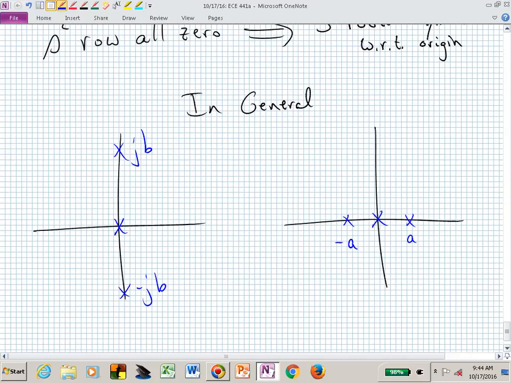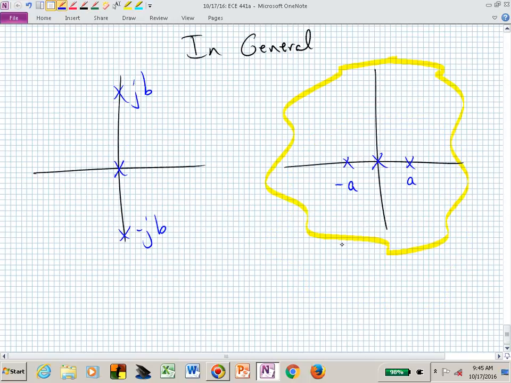We had the one on the right because we actually came up with, from our Routh array, one sign change. So we had this picture on the right as our symmetry. Questions on that?